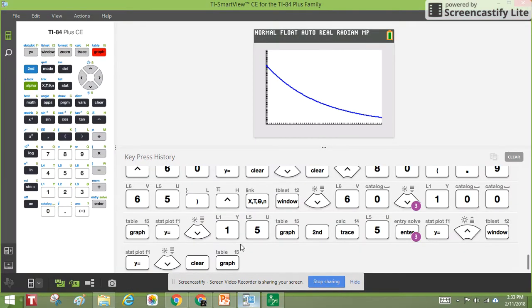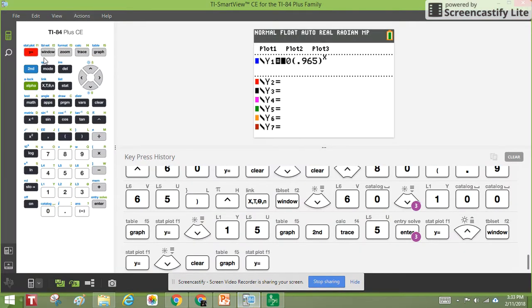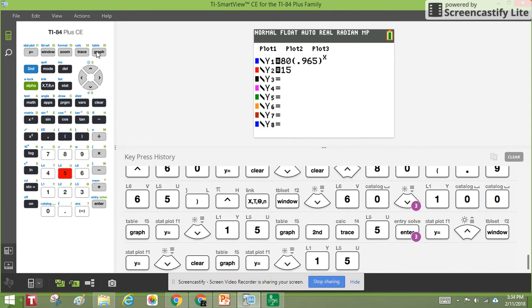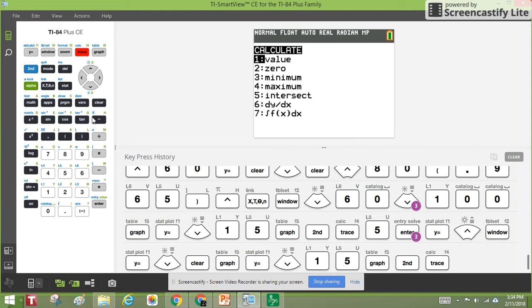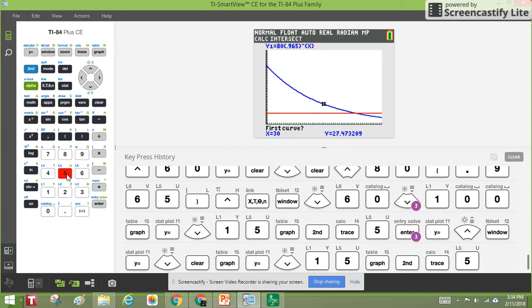So we go to our graphing calculator. We'll go to our y editor. We'll put 15 here. We'll go ahead and take a look at our graph. And where they intersect will be our answer. So if I go to second trace or second calc, number 5 is my intersect. It's blinking on the first curve, so I'm just going to hit enter.